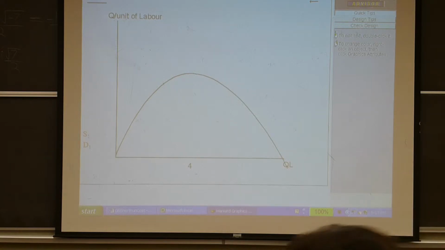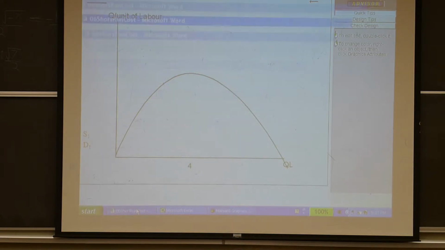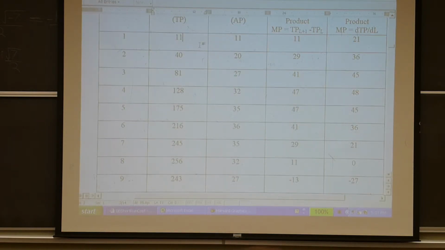So the average product, if we were just going by one unit, as we'll see on this diagram here, the total product is 11, the average product of one unit is 11, and the marginal product of one unit is 11, i.e. it's the product of one extra unit. In this case, suppose two people produce 40.